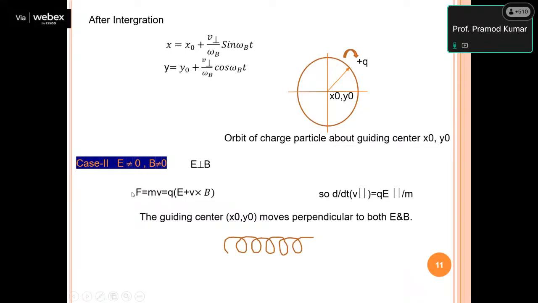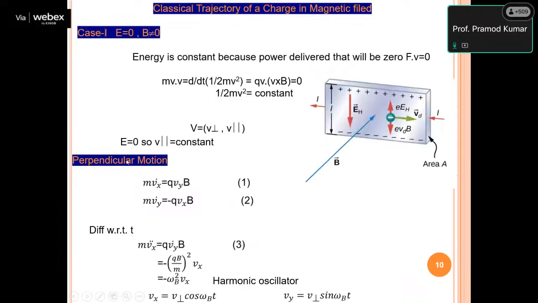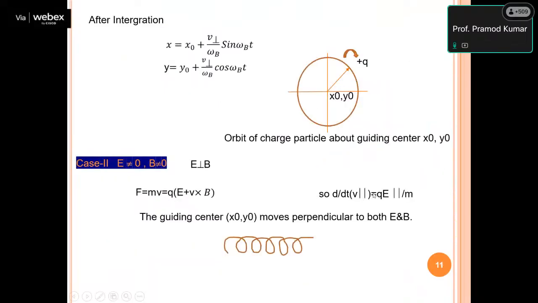So we can write the force as q times E plus V cross B. If you remember, in the first case, when E equals 0, the parallel velocity was constant. But when the electric field is not 0, that parallel velocity is also changing; it is equal to qE parallel by m.